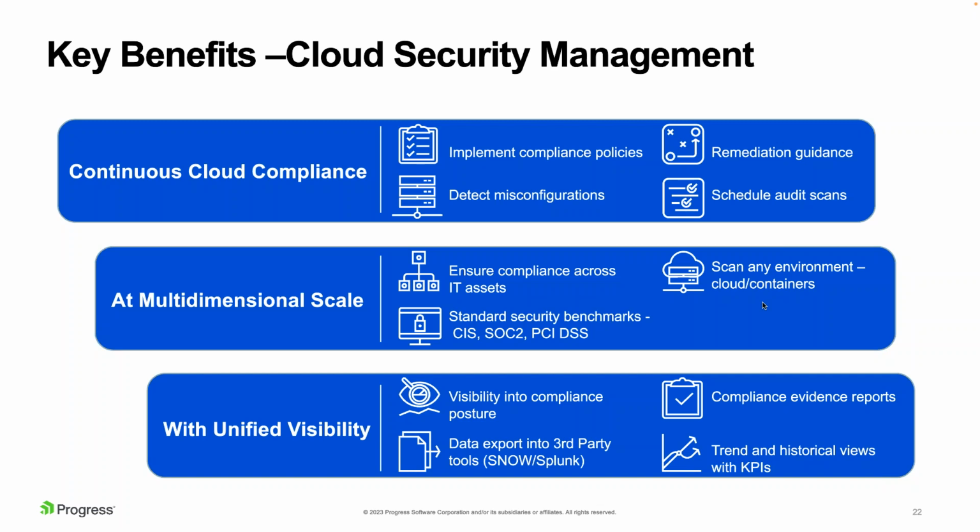The second of which is the ability to do all of this at multi-dimensional scale. One of the key talking points we hear from customers when we talk about Chef is the ability of Chef to operate at scale.